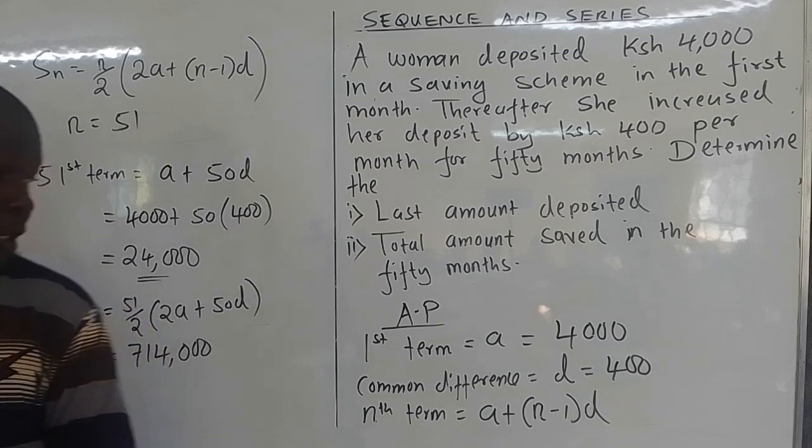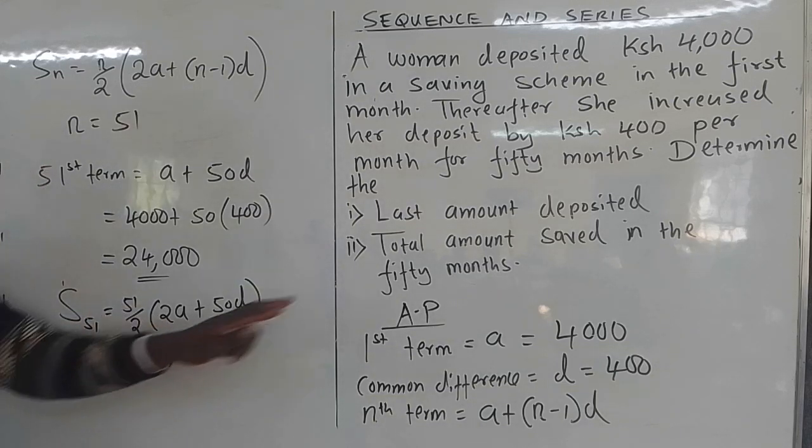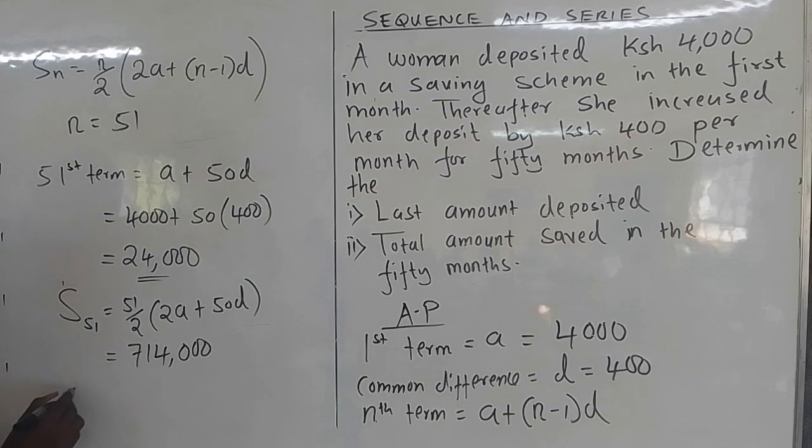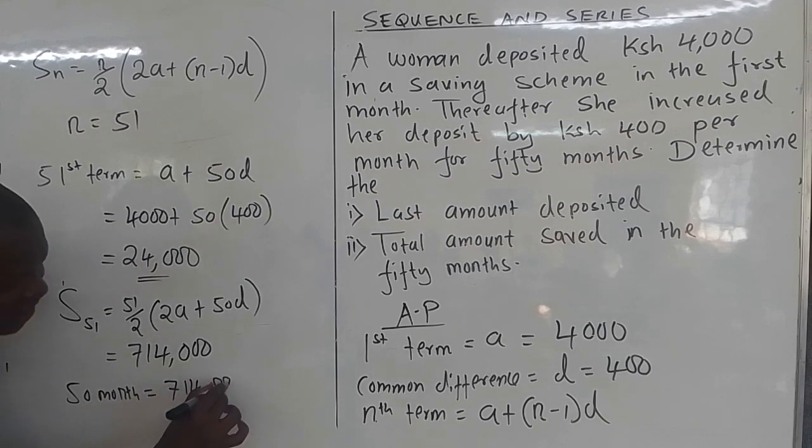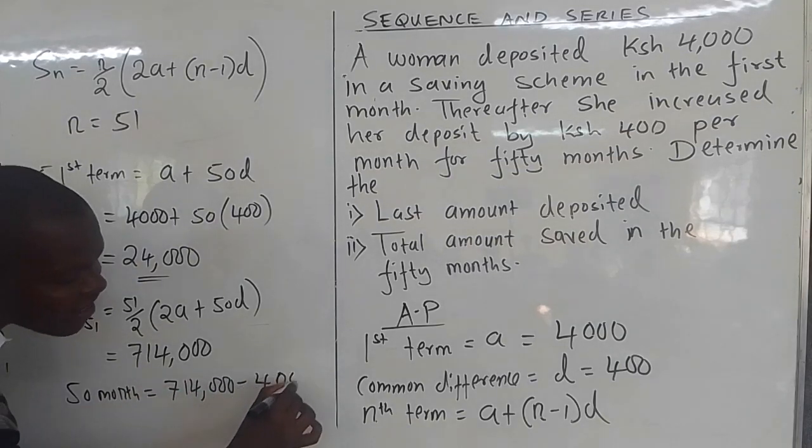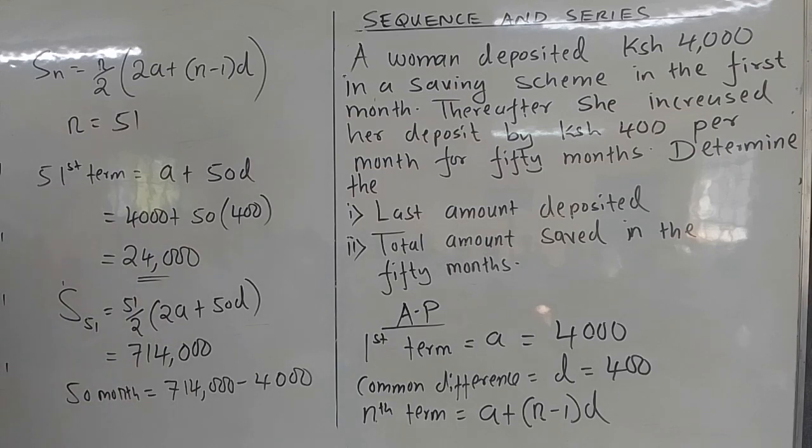So what do we get to be the sum of the amount saved in the 50 months? It will be 714,000 minus the initial deposit, which was 4,000, you get the 50 months, isn't it?